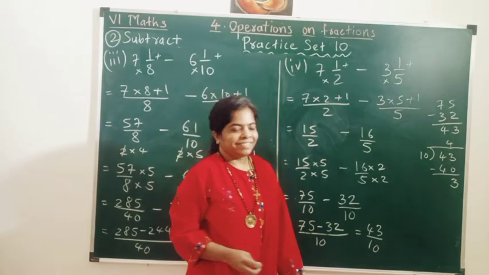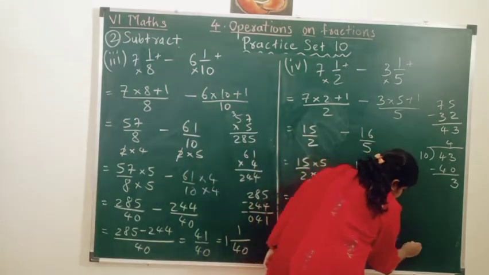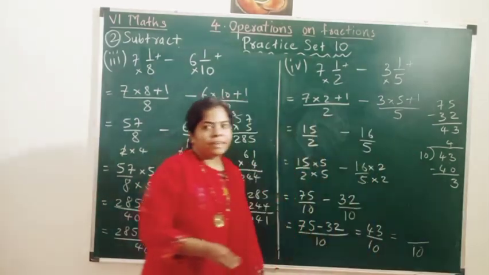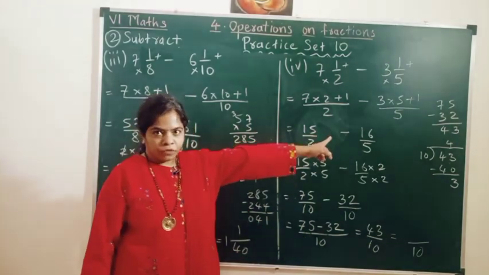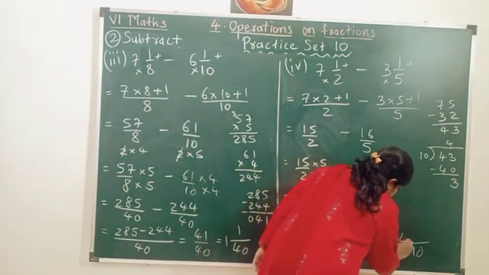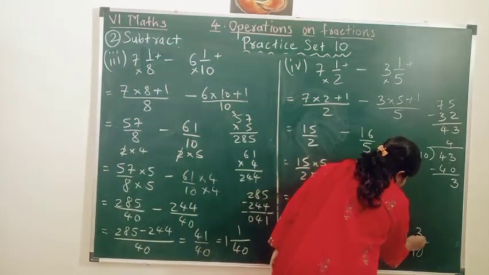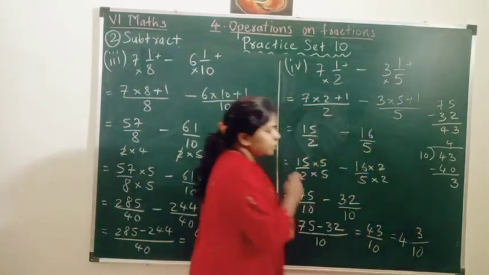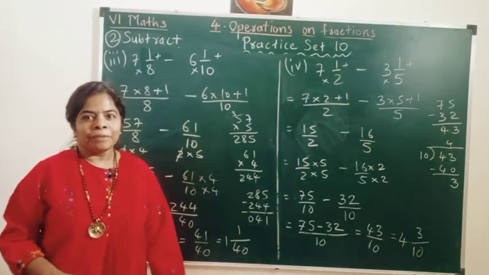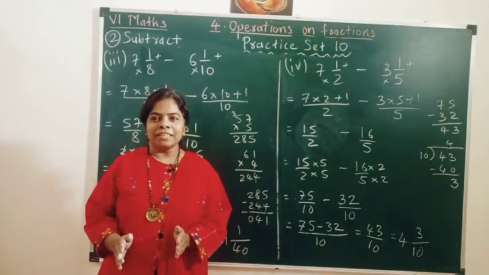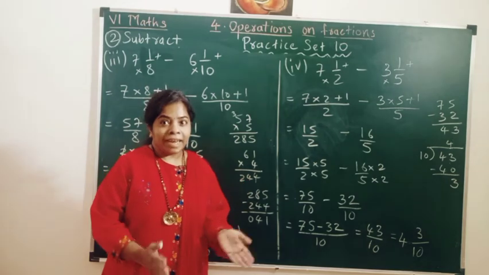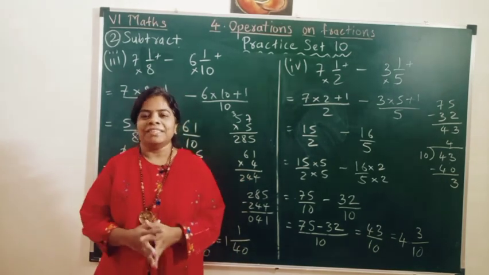Remainder 3. Now denominator is 10, quotient is 4 and remainder is 3. So children, this is our answer, and here we complete our subtraction sums based on fractions.